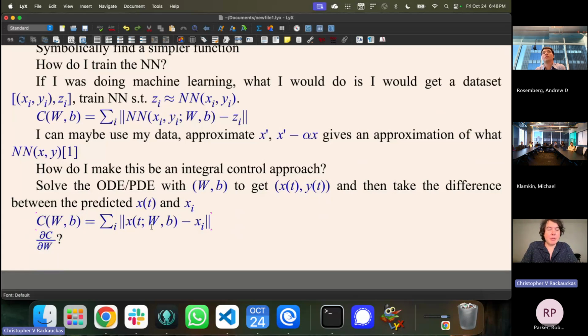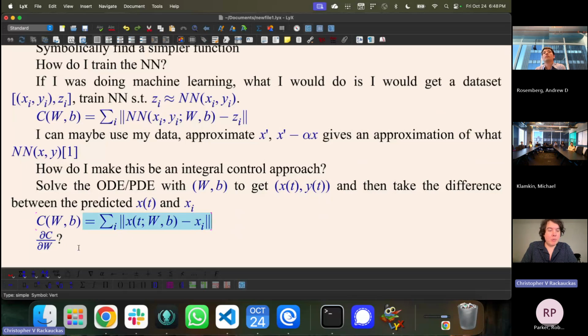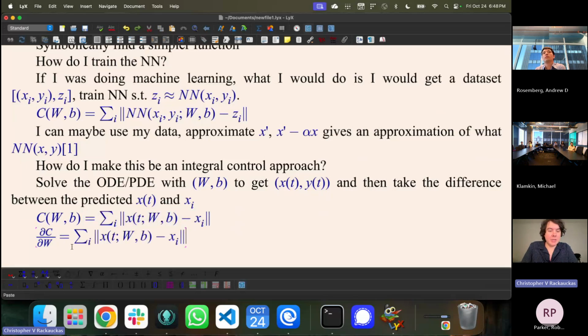Well, naively, what happens by the chain rule, if you just write down the chain rule, right? What you get is, well, there's no derivative here. Let's just say that this is just the 2 norm, right? Let's differentiate it.